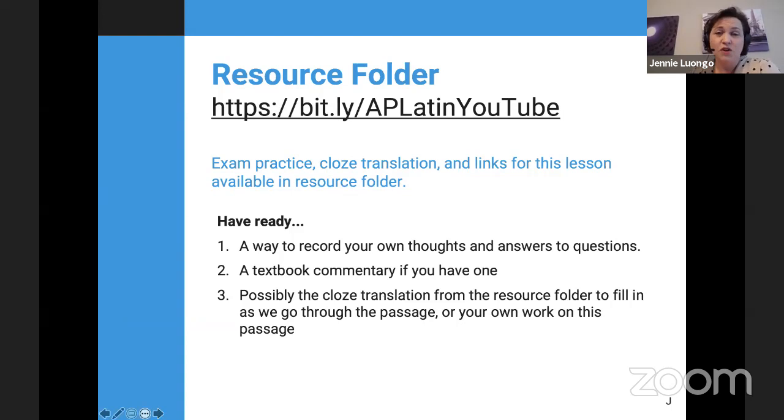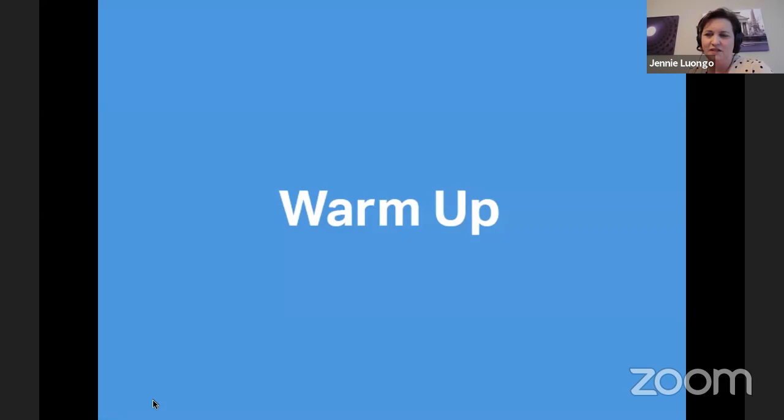What you need for today is a way to record your own thoughts, whether that's pencil and paper or a Google Doc on your computer. You might want to have materials from your own AP Latin class, maybe your textbook or class notebook. And you might want to open that cloze translation, cloze with a Z, an English translation for you to fill in as we go through the passage, just to make sure you've got the translation down. Okay, let's do some warm-up.